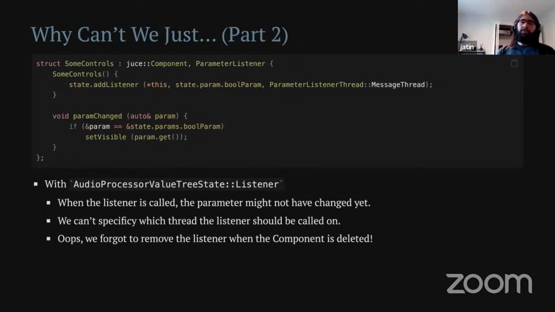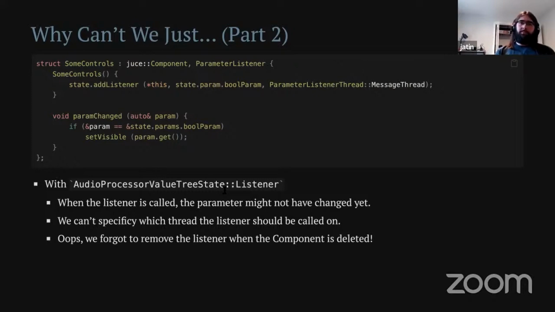The reason why we can't do this with the ValueTreeState listener is, first of all, because when the listener is called, the parameter might not have changed yet. So when we override ValueTreeState listener, we also need to have this argument for the new value of the parameter, which might not be equivalent to the value that I would get from calling get on that parameter at the same time.